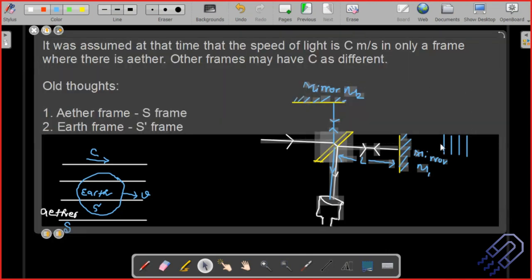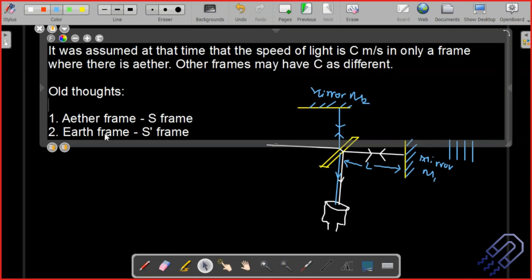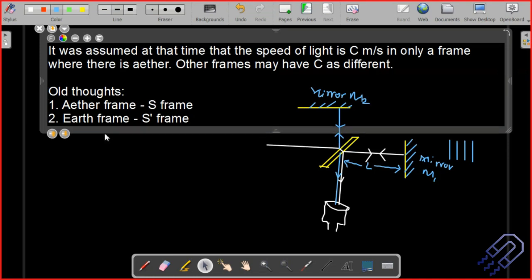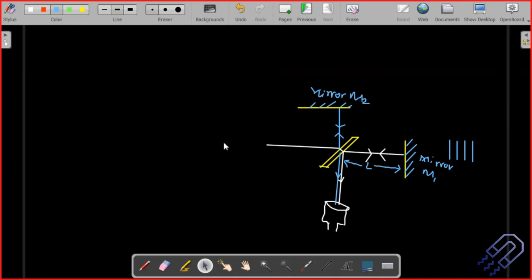Okay. So what we have is this. We have this reflection, and we are going to analyze this mathematically. Now what we have seen in the last class is the velocity.